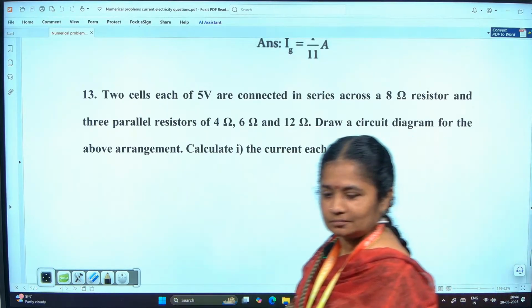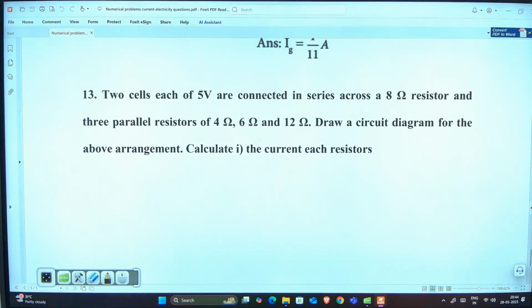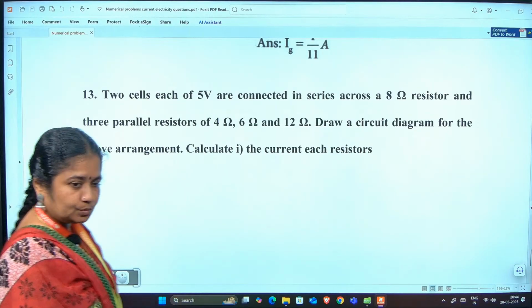Draw the circuit diagram. Now calculate the current in each resistor, that is 8 ohms, 4, 6 and 12. You have to calculate the current across all the 4 resistors, that is 4, 6, 8 and 12 separately.